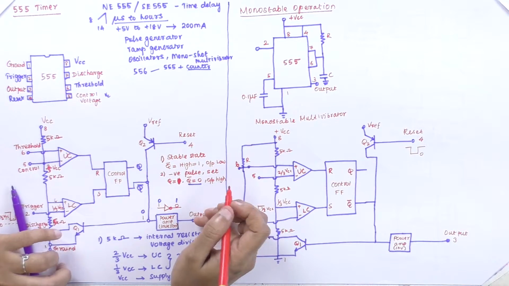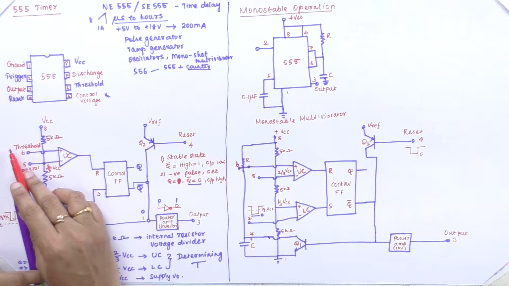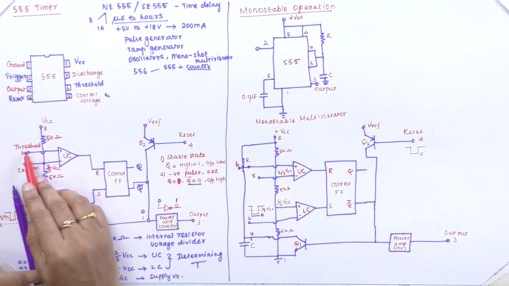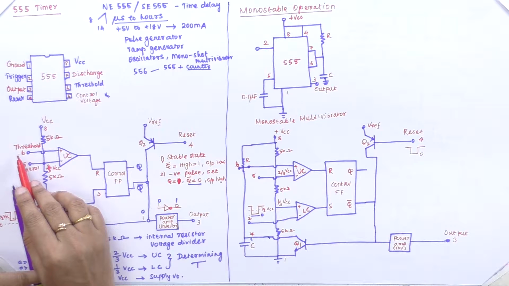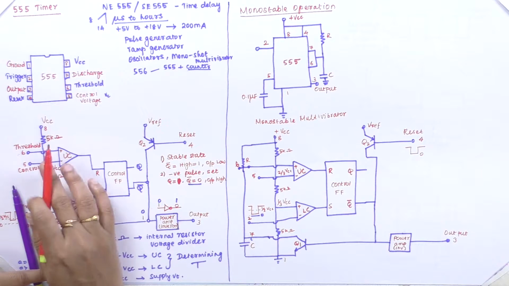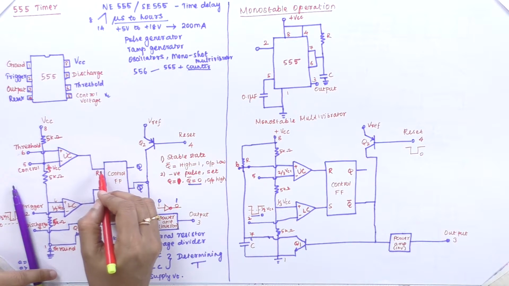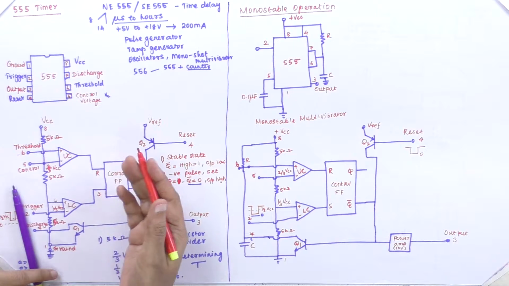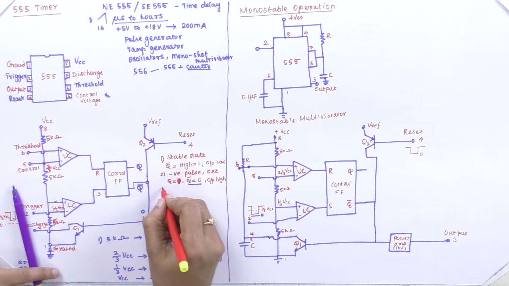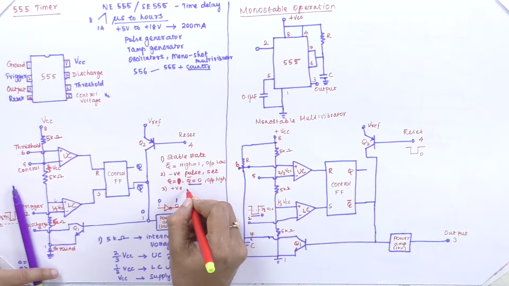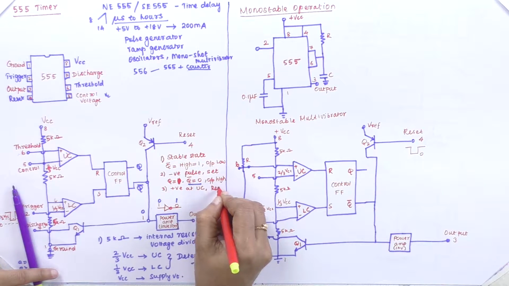Okay. So when we apply a positive excursion at the threshold voltage, here we are applying a threshold voltage of positive pulse to pin terminal 6. It passes through the 2/3 VCC and makes the output of the upper comparator high, and that makes the reset terminal of the control flip-flop go high.